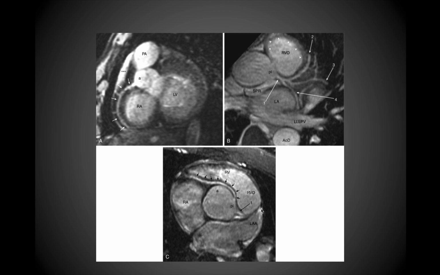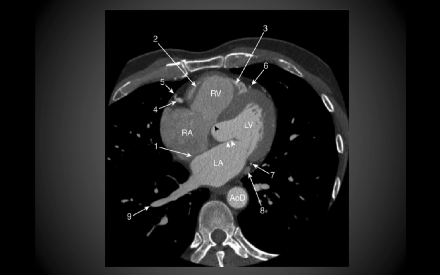And then we have the left atrial appendage, which you can see right here with the left atrium back a little bit further posteriorly. So again, all of this represents the aorta. And then this right here, the one that's labeled number 1, the arrowhead there, that's representing the left main coronary artery.